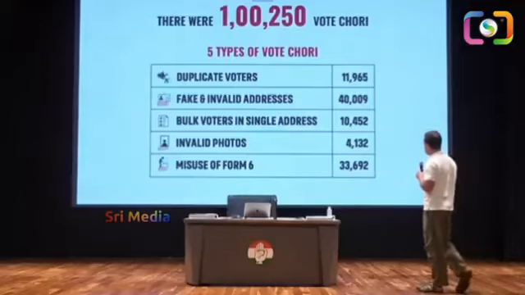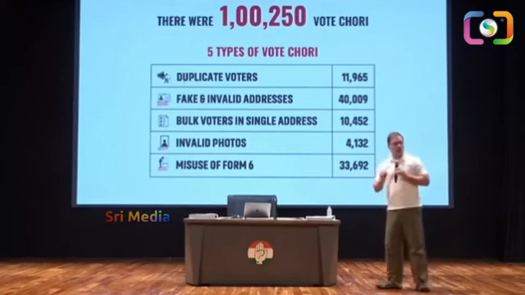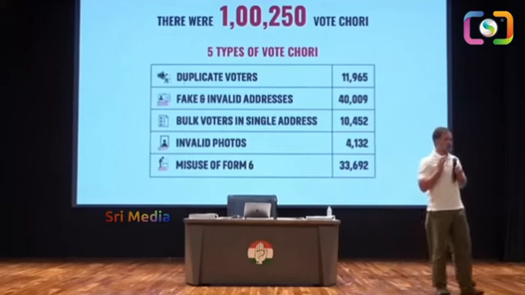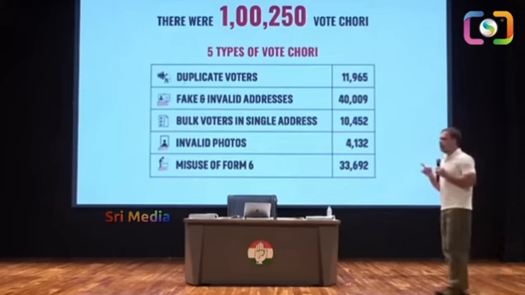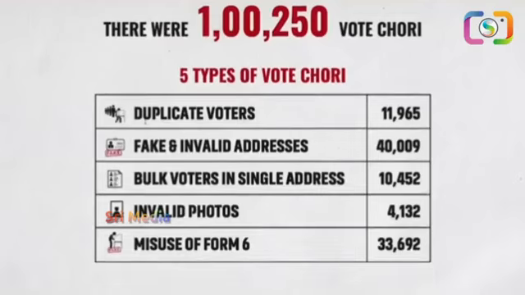So we started looking at Mahadevapura assembly, we started looking at the details. And now I'm going to tell you what we found. We found that 1,250,000 votes were stolen. I'm going to tell you how. What is the total number in the assembly? Total number of votes?